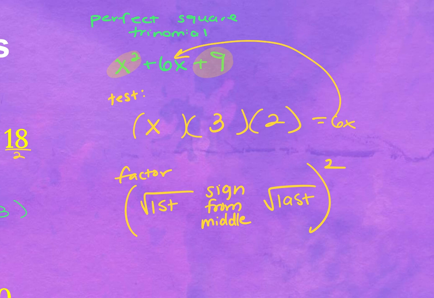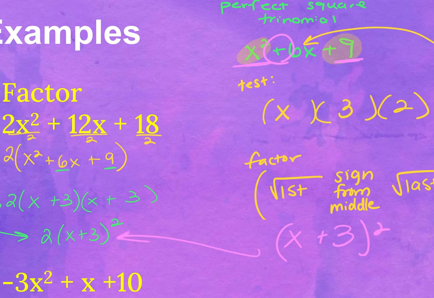So if I was to square root the first term here, I'd get x. Square root the last term here, I'd get 3. Take the sign from the middle term, put it in parentheses and square it. It's the same thing as factoring it the other way. I would say if there's nothing on the front, then it's probably not that big of a time saver, but the more complicated they get, the quicker that last step helps you.